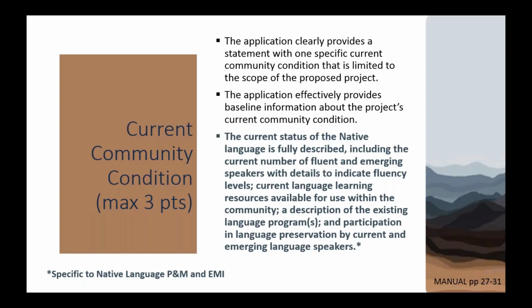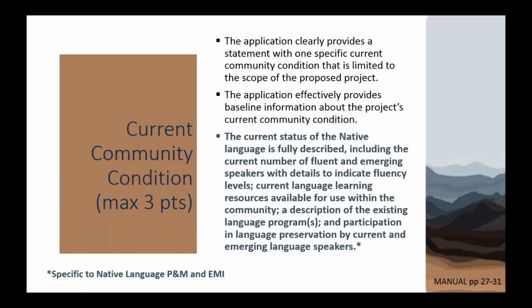The narrative should identify and provide baseline information on the target population that is impacted by this condition. Target population meaning your students, who are you serving? There should also be a description of how the baseline information can be used to show a change in the condition identified in the application.